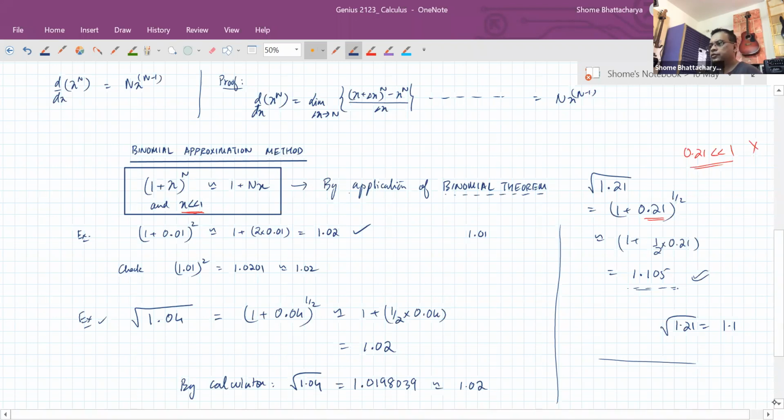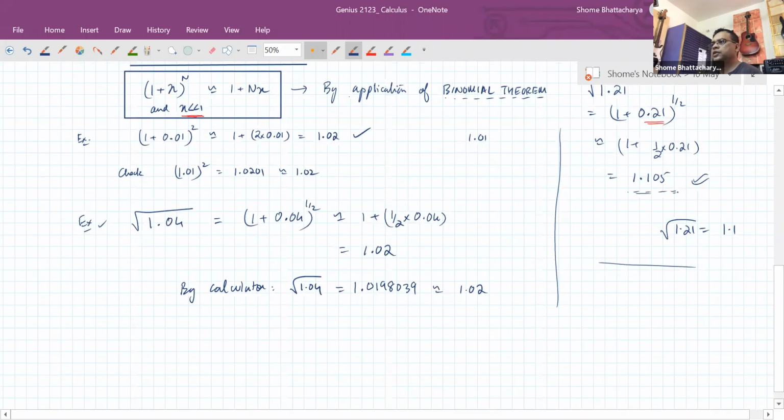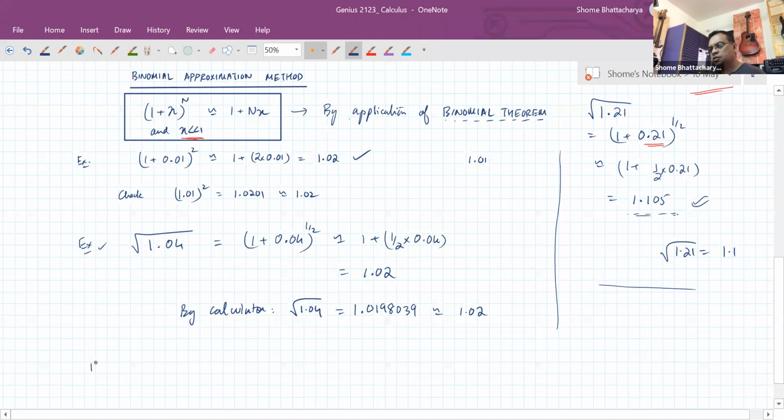Okay, so once you have finished writing down this part, you can try a couple more simple questions based on this. So for example, you want to calculate the value of 1 upon square root of 1.06, and you want to calculate something like, let's say, the square root of 9.27.